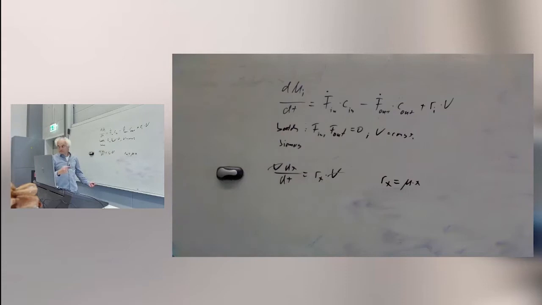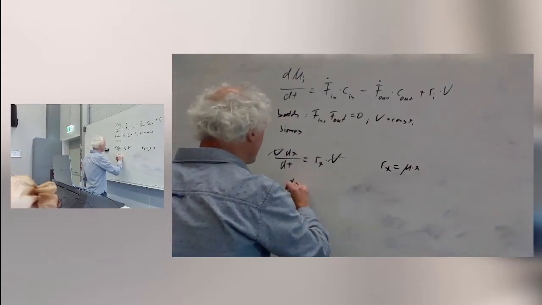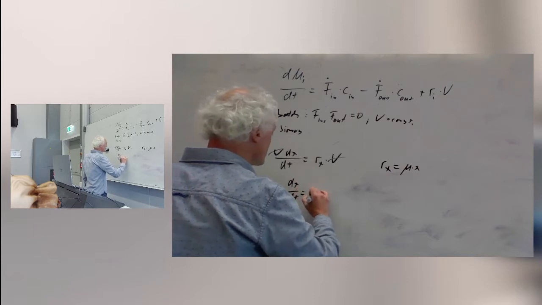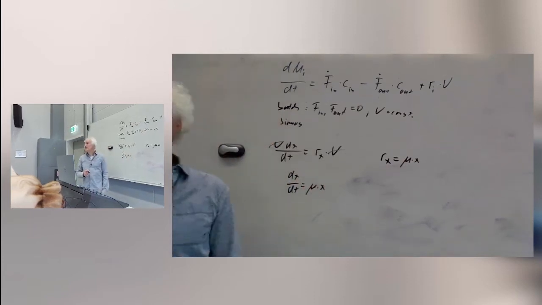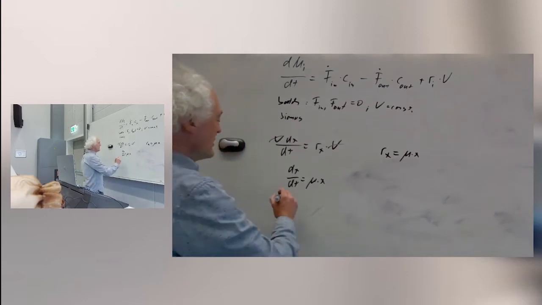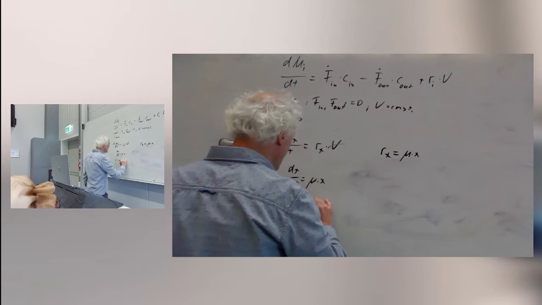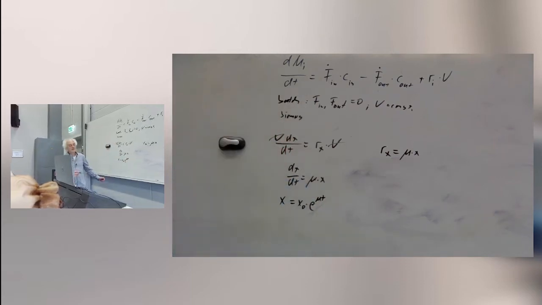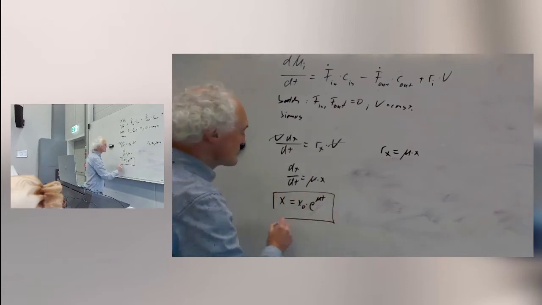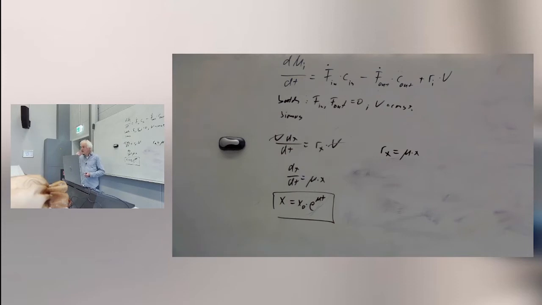We did that more lengthy, that's just in brief to repeat that, and therefore we ended up with dx dt is equal to mu fold x. And if we then solve this differential equation, you remember we ended up with x is equal to x0 e to the power of mu t. So this is what was describing our growth in a batch bioreactor.